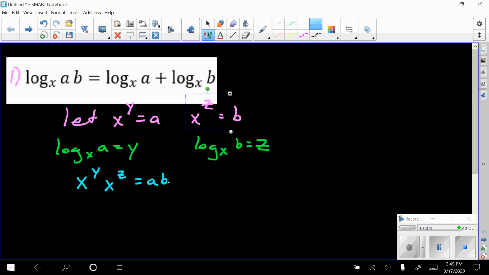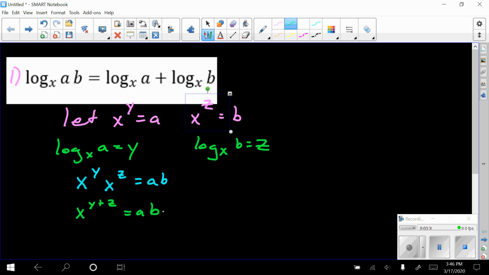That goes back up to the purple ones. Okay, keep moving. With same bases, we add exponents. So we should be able to go x to the y plus z now equaling a times b.